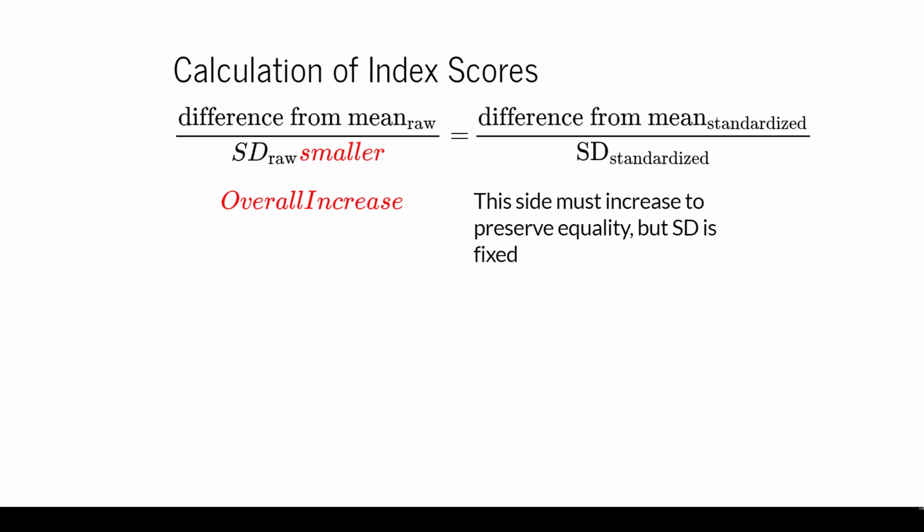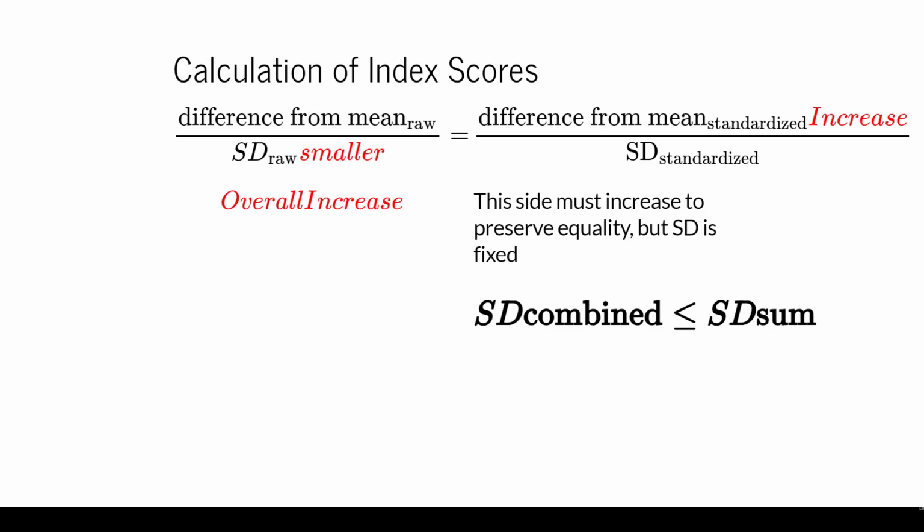The standard deviation is fixed on the right side: the standard deviation of standardized scores is set. If it's a scaled score, it's a standard deviation of 3. If it's an index score, it's a standard deviation of 15. So we can't adjust that, and we can't adjust the mean. What we can do is adjust the numerator, how far the standardized score is from the mean. So we must increase that numerator.